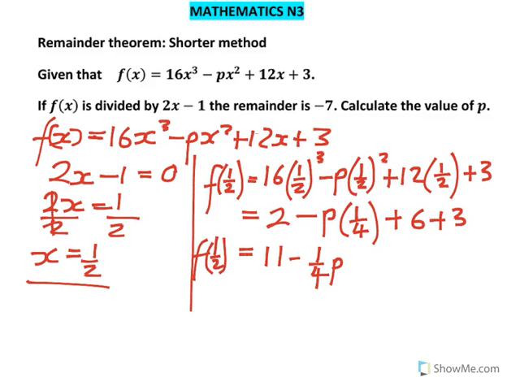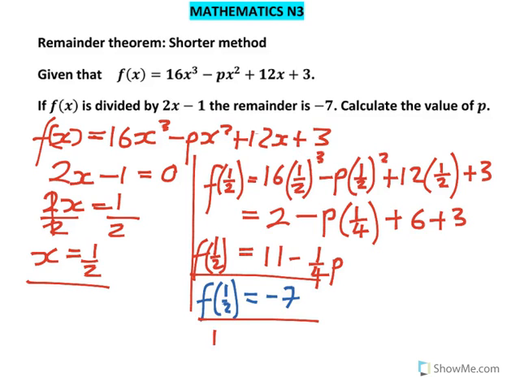Now they also told you that the remainder is minus 7. So in other words, they are telling you that if you put f of half, we expect you to get minus 7 as a remainder. What does it mean? It means you must form up an equation, because this is f of half and that is f of half.